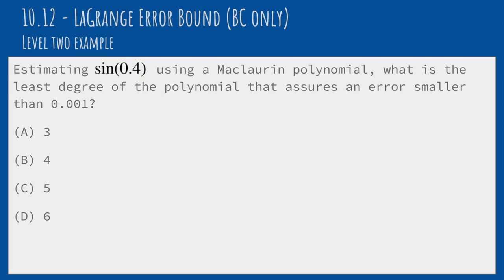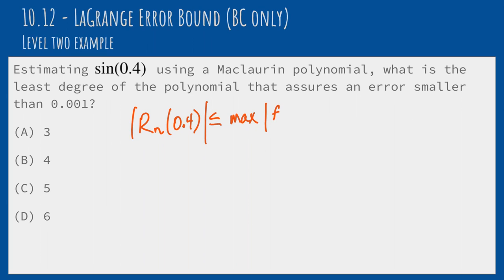So our error is going to be bounded by, and I'm going to refer to the error as R sub n, and this is for 0.4. The absolute value of the error is going to be less than or equal to the maximum possible value of the next derivative.